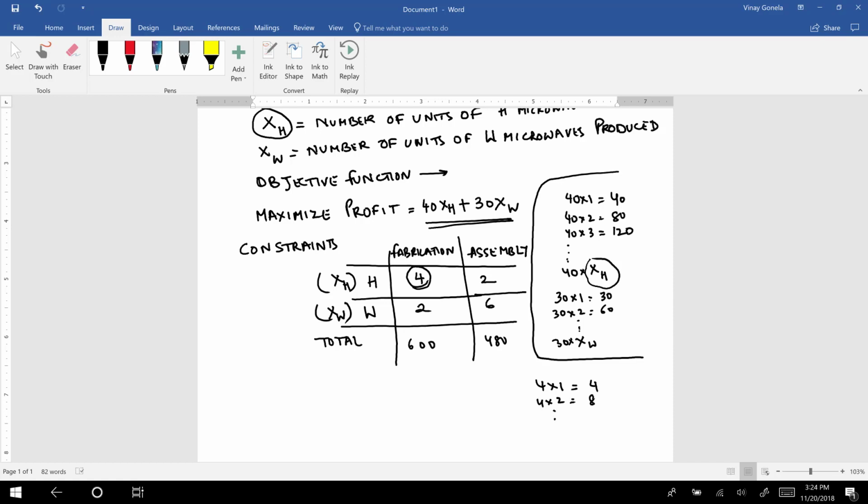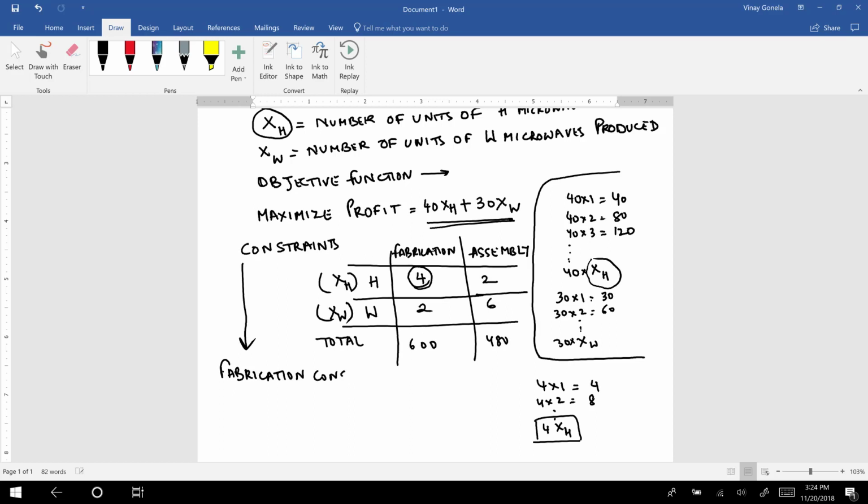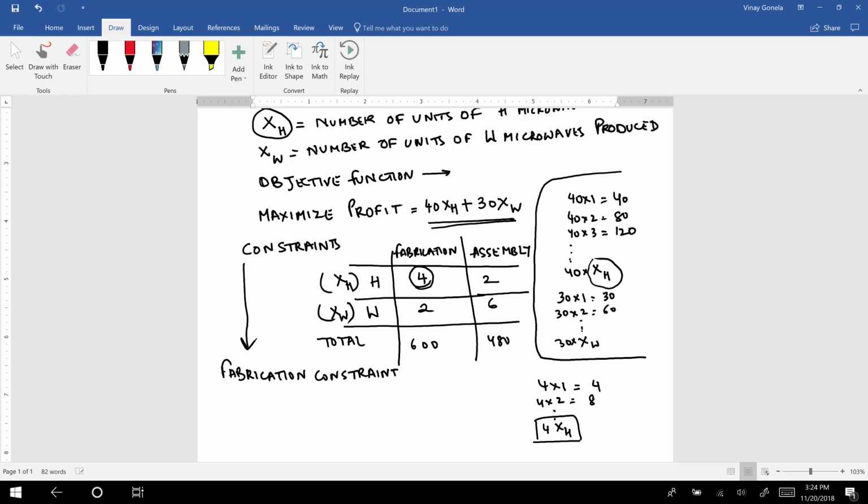So on, if I produce XH, 4 times XH is the amount of time fabrication will take. So I will write constraints here. This is the fabrication constraint. To produce XH of H microwaves, it will take 4XH amount of time in fabrication.